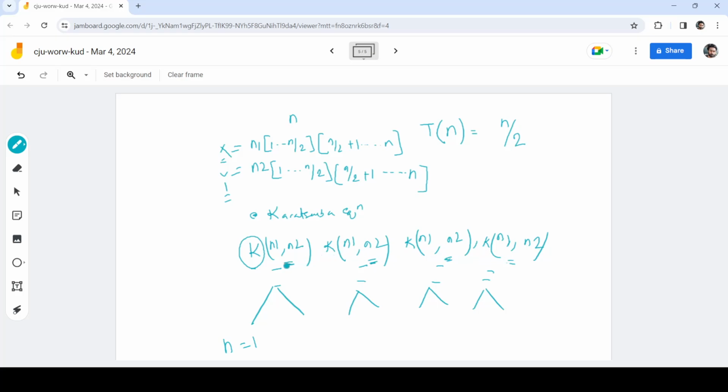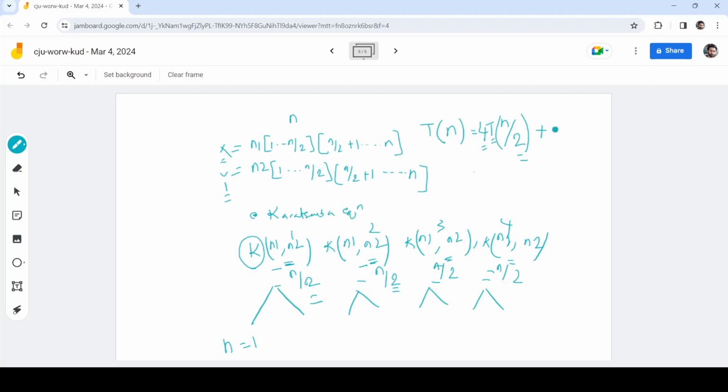How many portions were there? 1, 2, 3, 4. And the size of each portion was n/2. We applied Karatsuba, or recursion, on all these 4 portions. So we can write 4T(n/2). Again, there were 4 subproblems, each of size n/2, and we applied the Karatsuba function on all 4 subproblems.